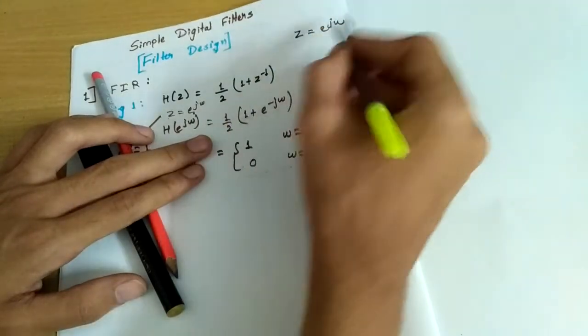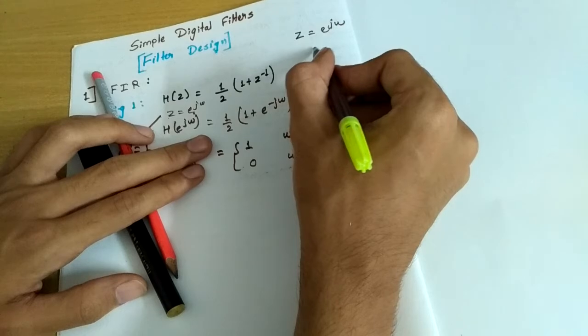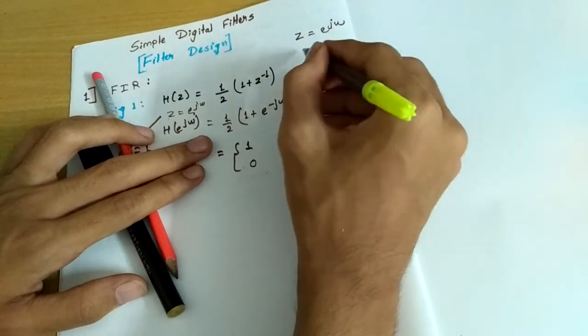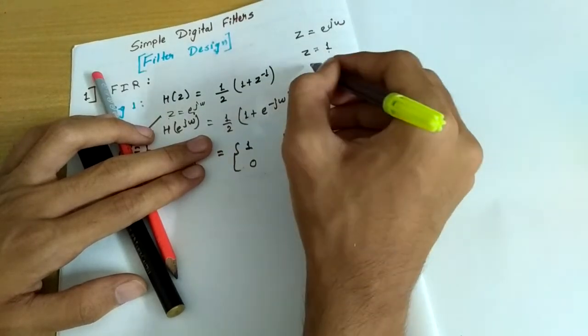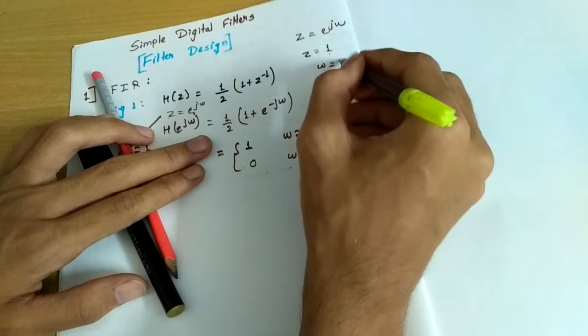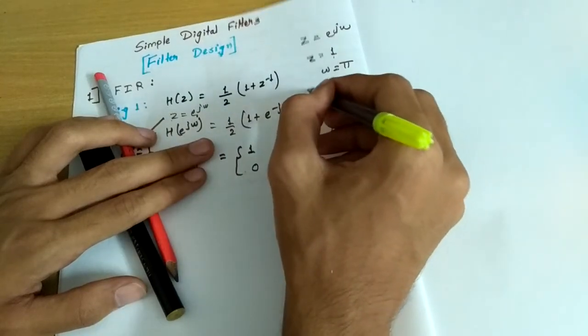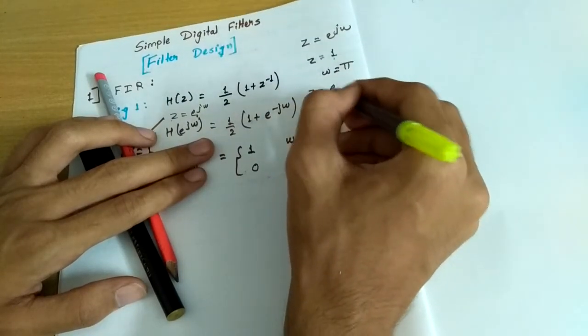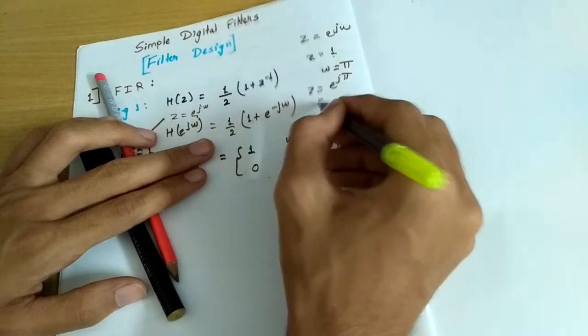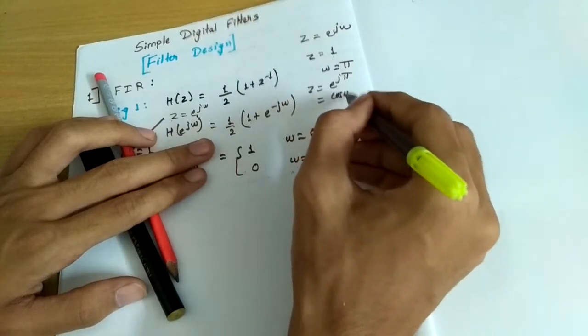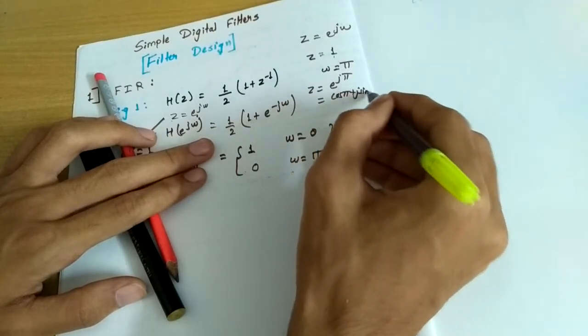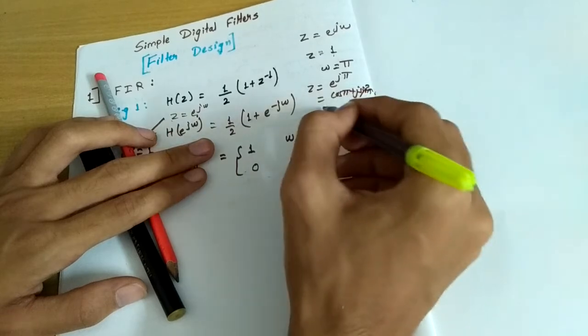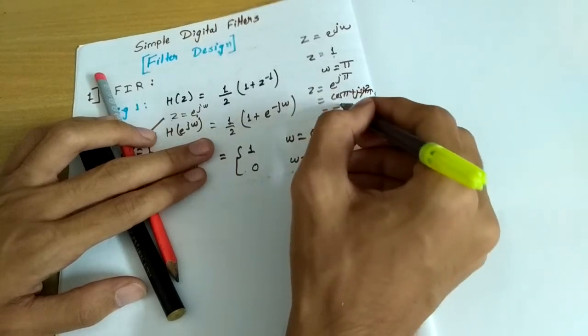z = e^(jω), right? So for ω = 0, we get z as 1, and for ω = π, z is e^(jπ), which is nothing but cos π + j sin π. Since sin π is 0, we are left with cos π, and cos π is minus 1.